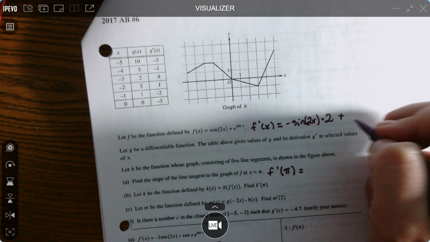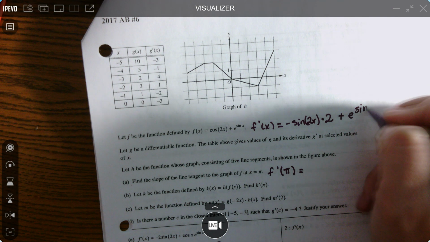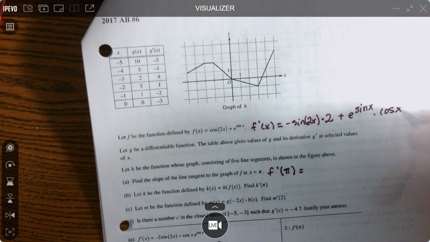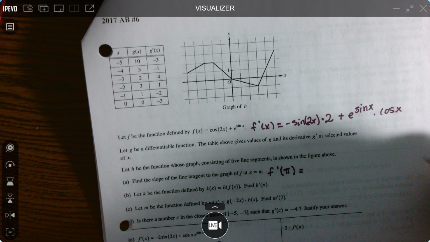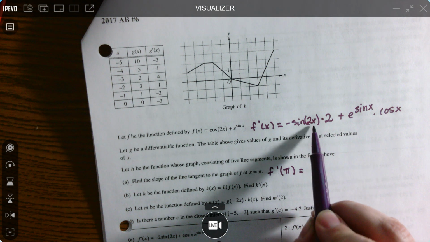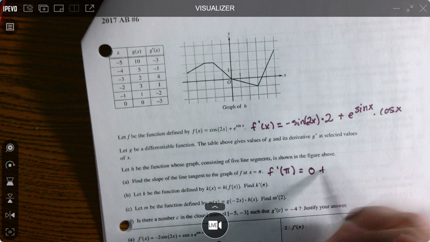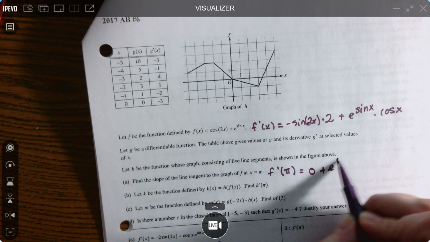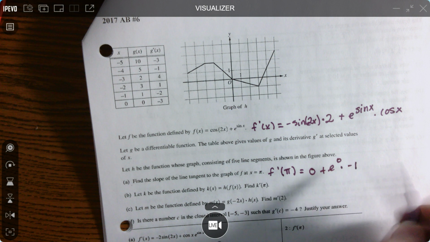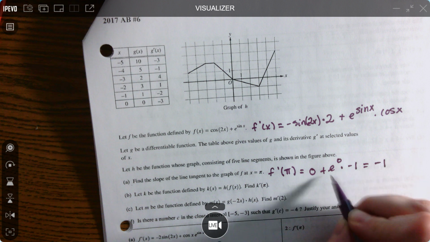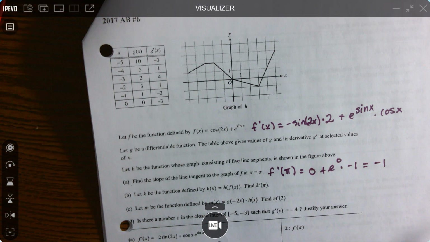And for e, it's e to the stuff times the derivative of the stuff. Then I'm just going to plug the pi into that. Sine of 2 pi is 0, and e to the 0, and then cosine of pi is -1. So that's how they get the -1 there, because e to the 0 is 1.